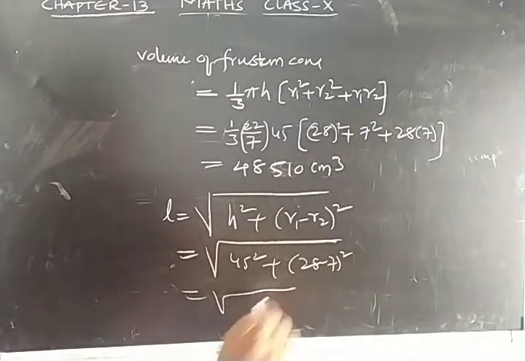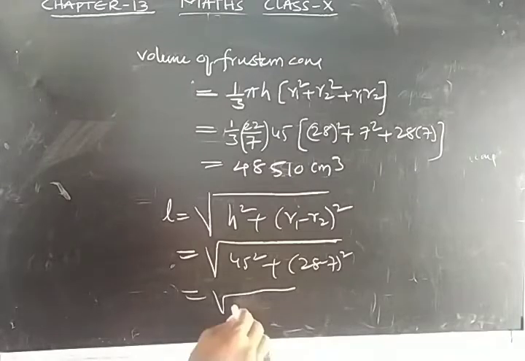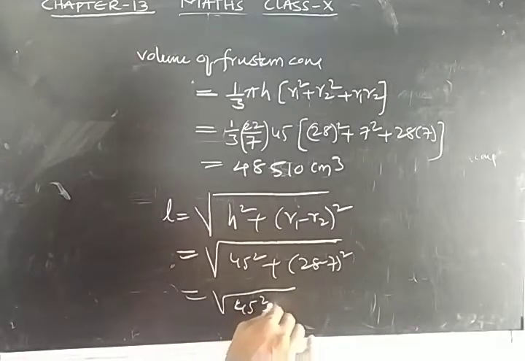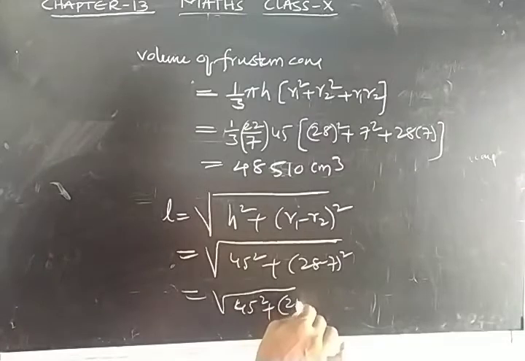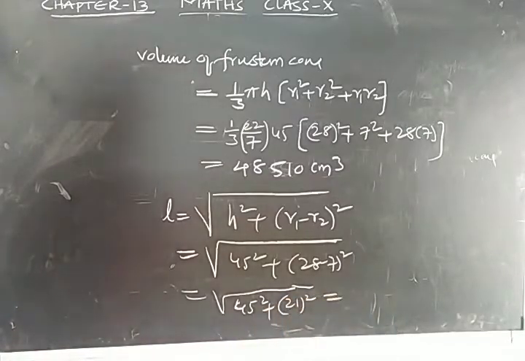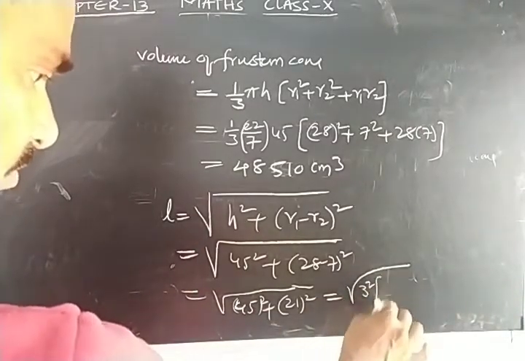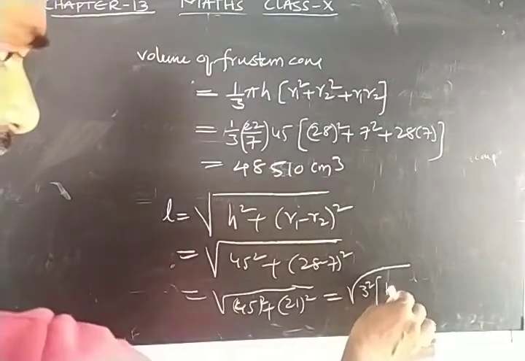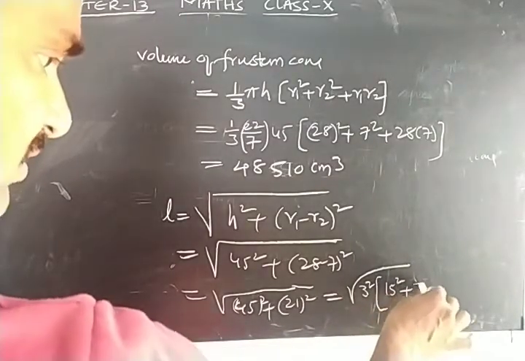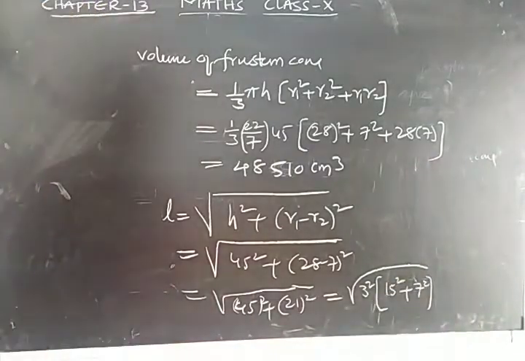So 45 square plus 28 minus 7, that is 21 square. Here we can take 3 square common. 45 we can write as 3 into 15, and 21 we can write as 3 into 7.